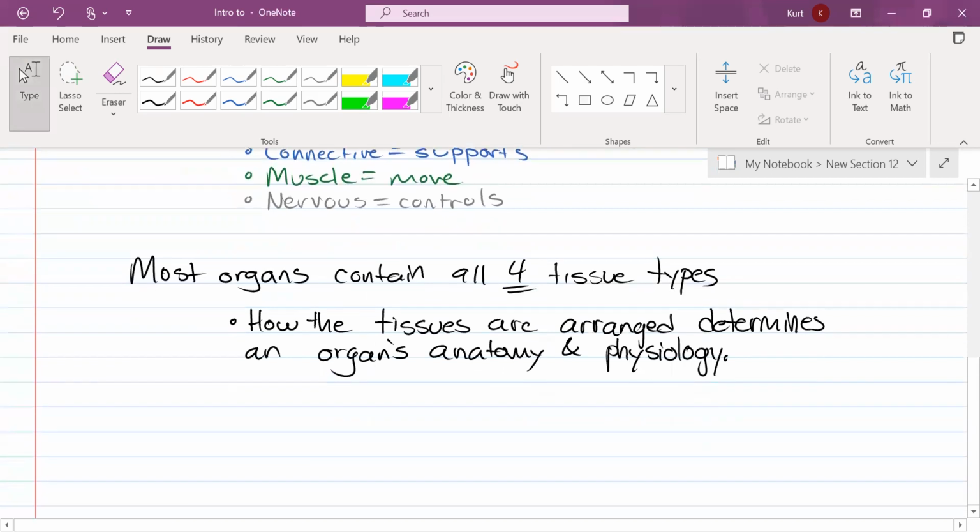And let's see what you guys may remember from the first unit. What is the difference between anatomy and physiology? Okay, physiology is function. And anatomy is structure. Well done. How the tissues are arranged is going to determine the organ's anatomy and physiology, how it's structured and how it functions.